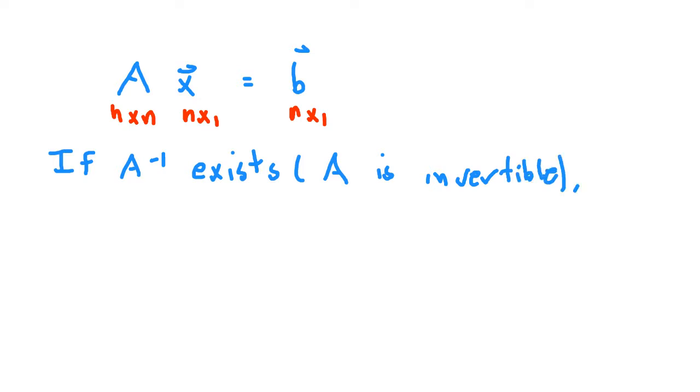What can we do? Well, we can take our matrix equation and multiply the left side of both sides of the equation by A inverse. But what is A inverse times A? What does the A inverse times the matrix A equal?